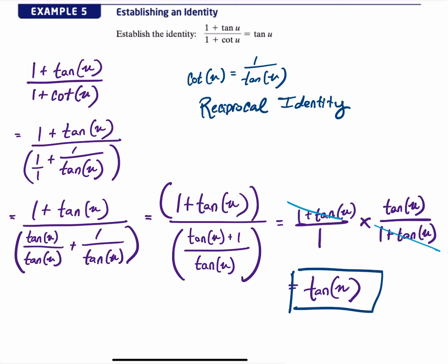We'd probably end up in the same place too. So there are multiple paths to go through these. Ultimately, this will start to feel like a puzzle game. We're trying to use these rules. We have a certain number of allowable moves, which are the identities. So we can choose to use them in order to turn one side into the other side. All right, we've got a few more examples. Let's keep going through.